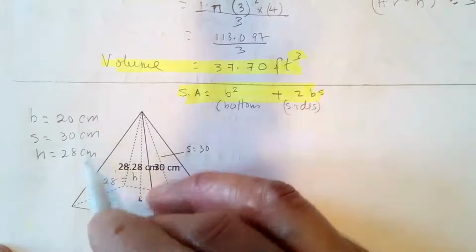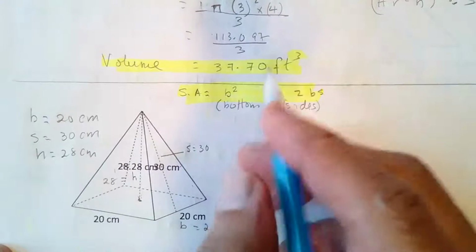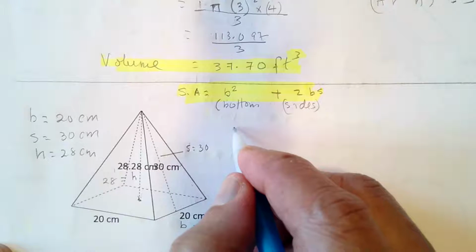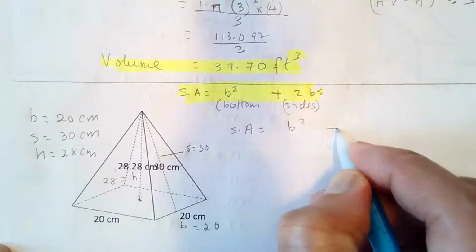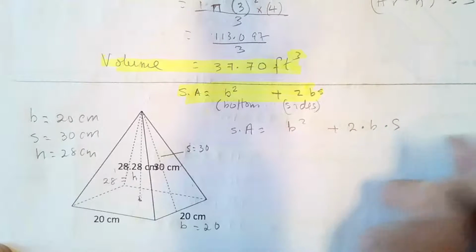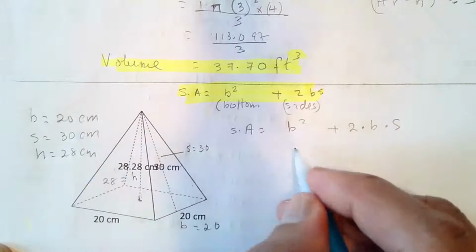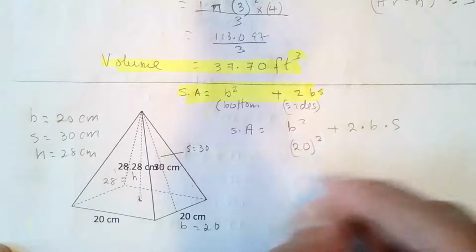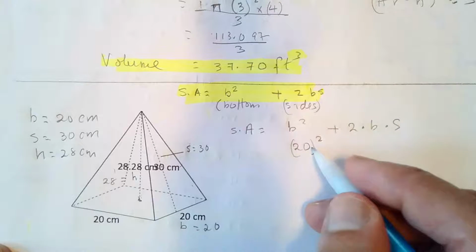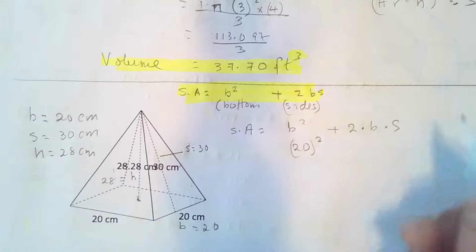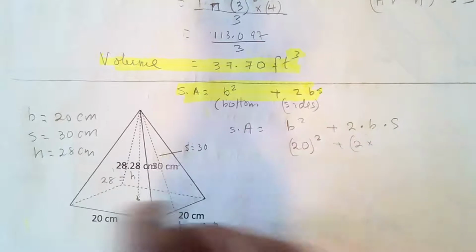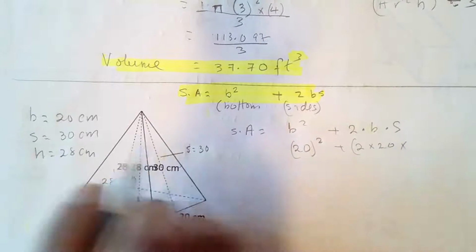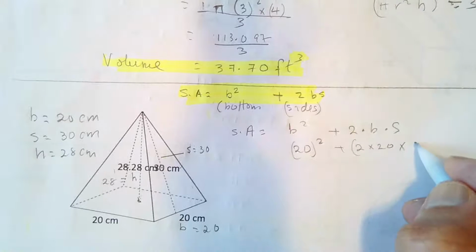So now substitute our values into our formula. So b squared, so b is 20, and to the power of 2. Use brackets that tells you to multiply 20 by itself. Plus 2 of the bracket, and multiply by your base, which is 20, multiply by the side length or the slant height, which is 30.